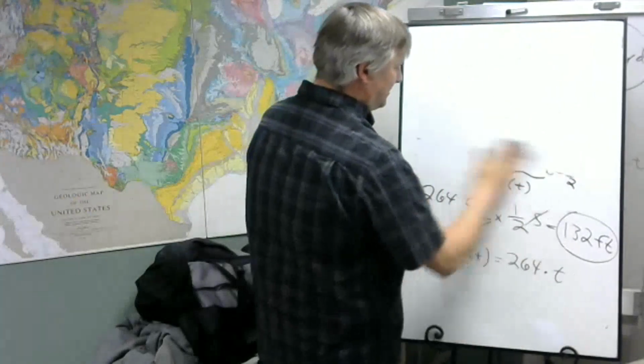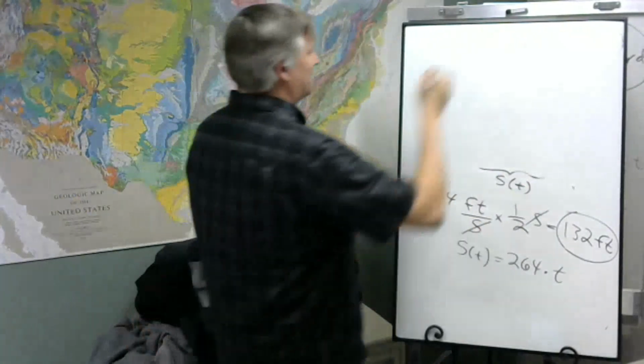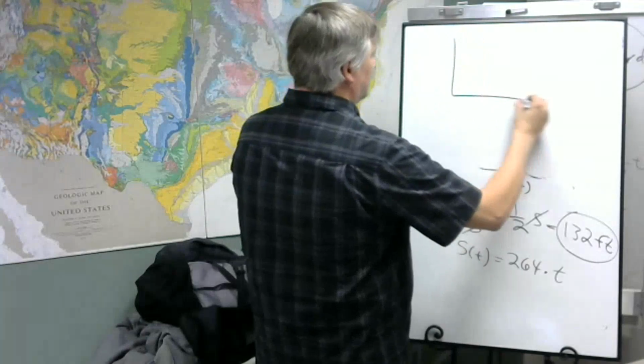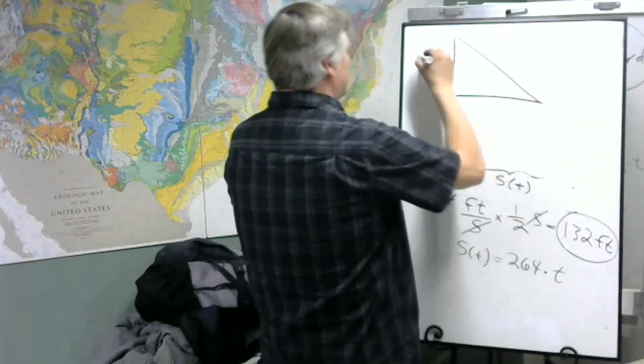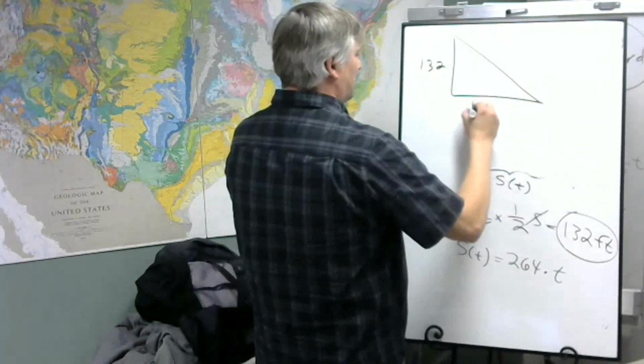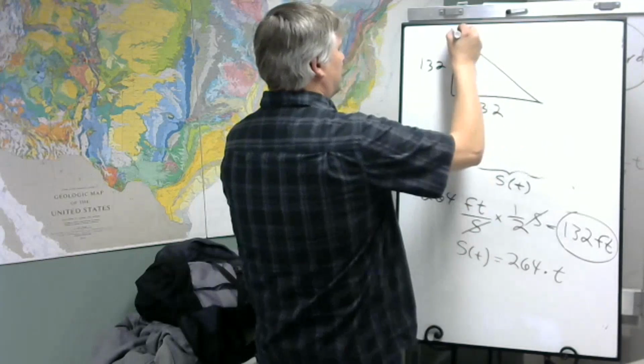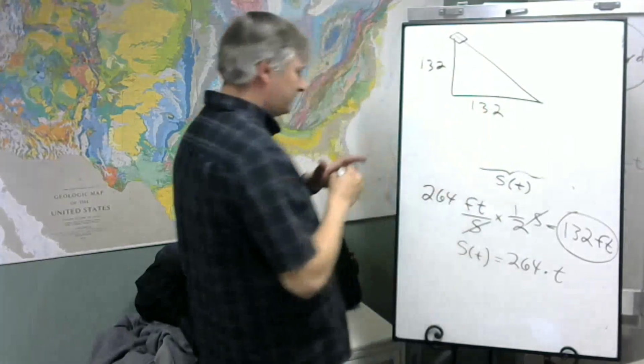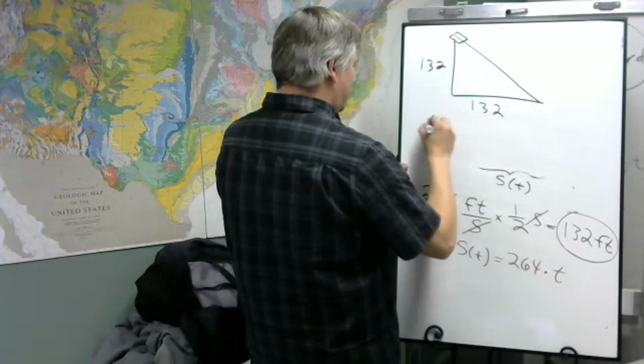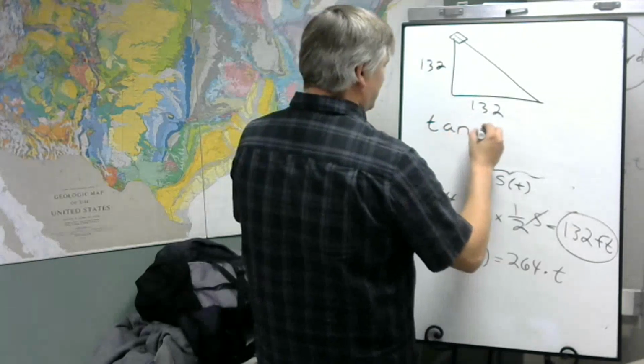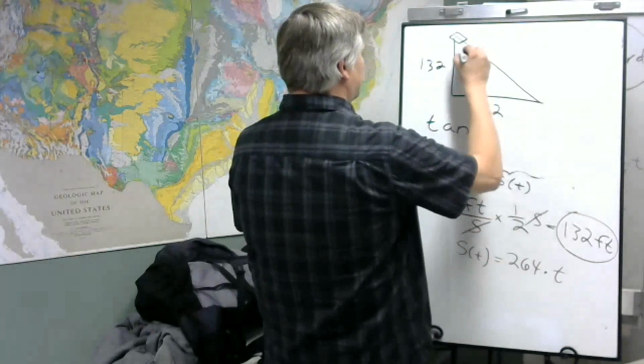So what this does, we now have a triangle. 132, 132. We have our camera. We still have our equation. We have our tangent. This is our theta here.